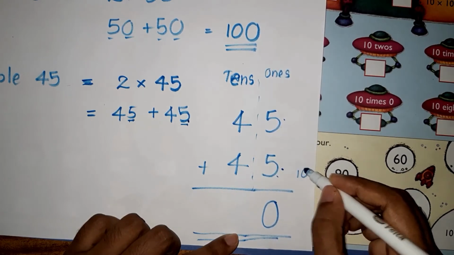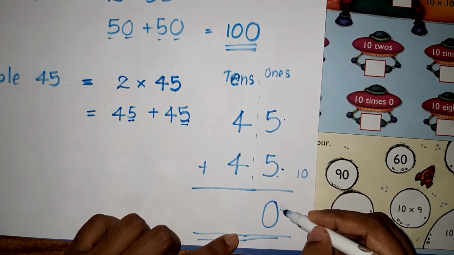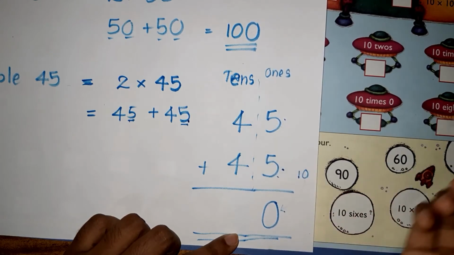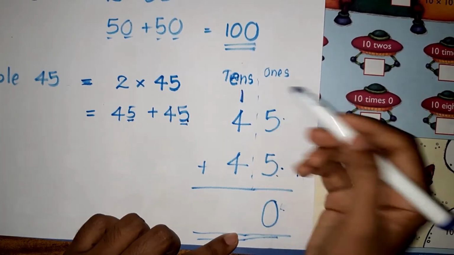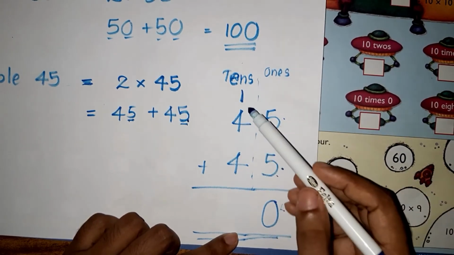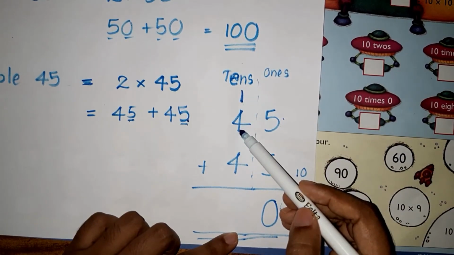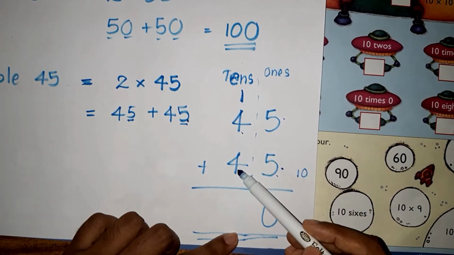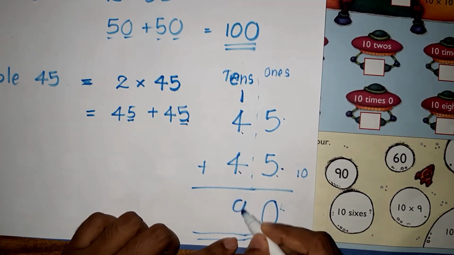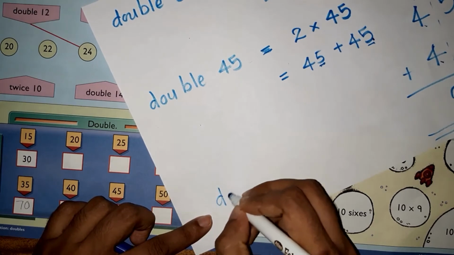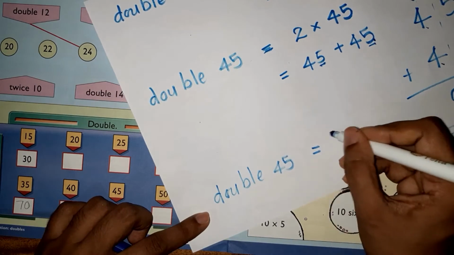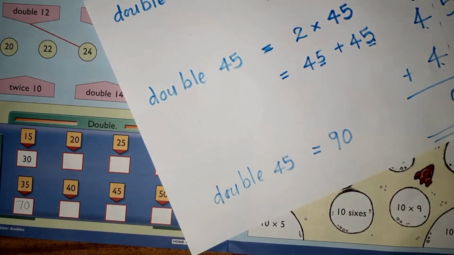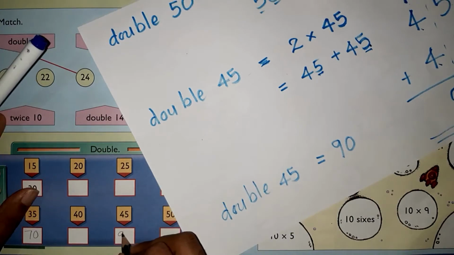We had 10 and I'm writing only 0 here, and I'm taking this 1 to the tens side. Now there is a 1. So 1 plus 4, 5. 5 plus 4, you will have 9. So the double 45 is equal to 90. Okay, very simple. It's 90.